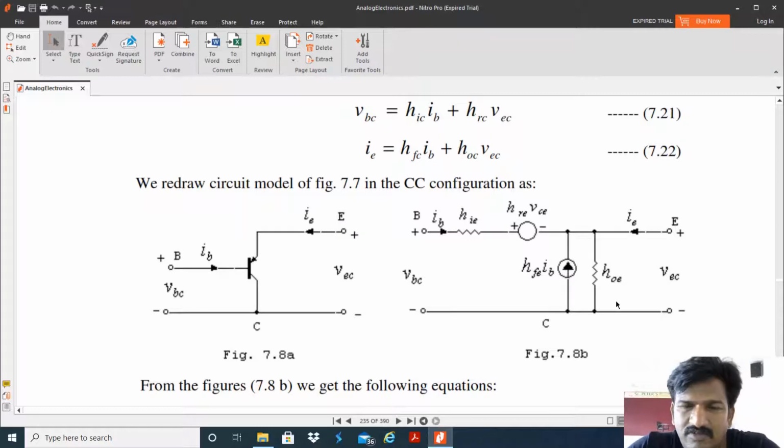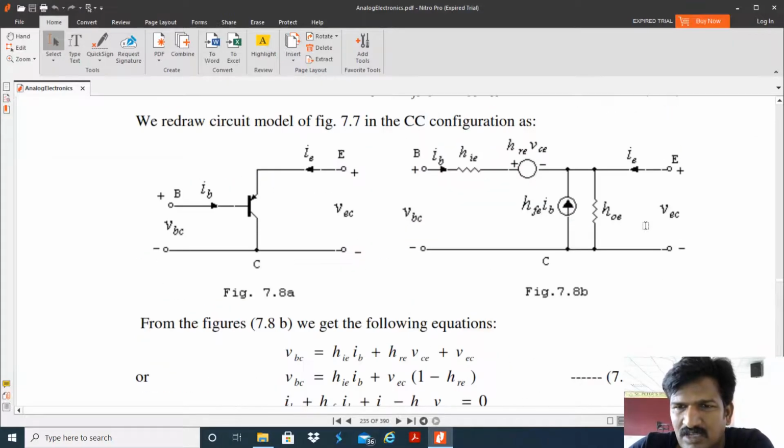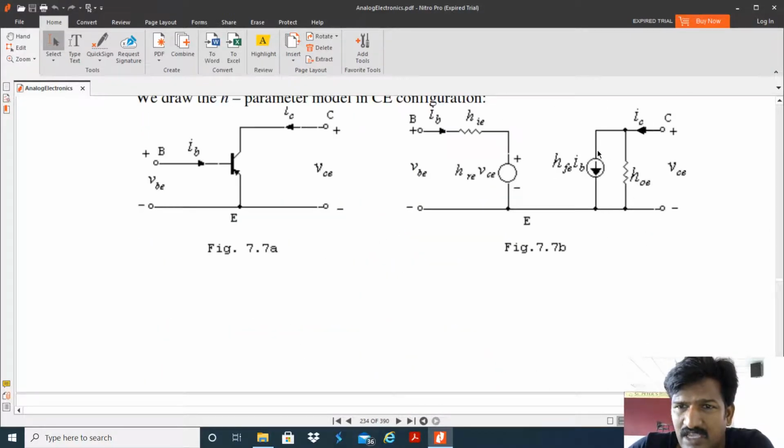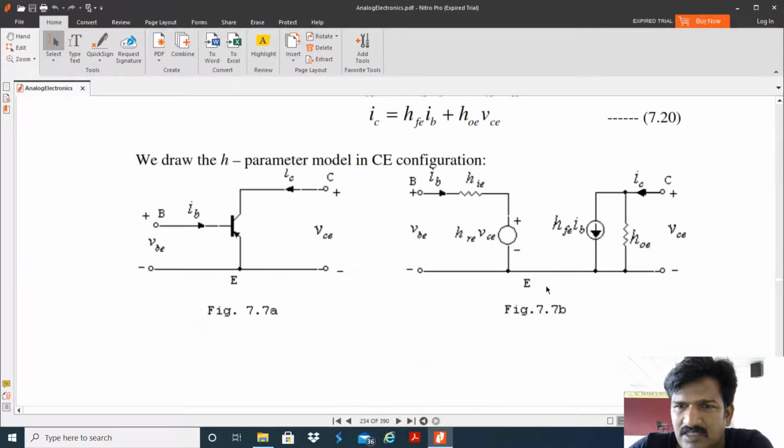It is very similar to 7.7b. Look at the collector to the base: HFE IB and 1/HOE are in parallel, as was there in this diagram. When the collector is connected to ground, this arrow mark is going up, and the emitter is acting like the output terminal.